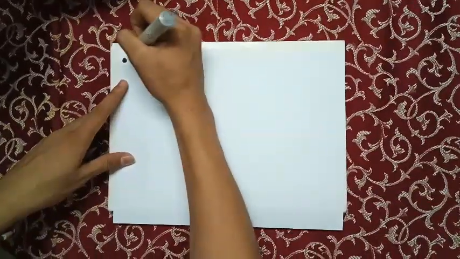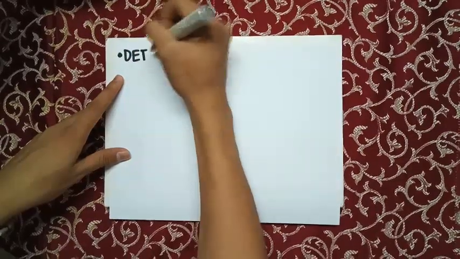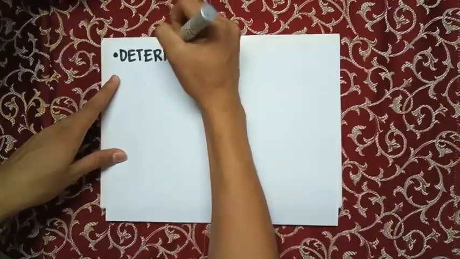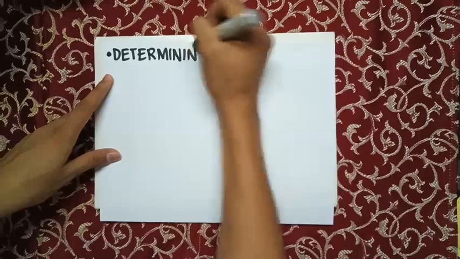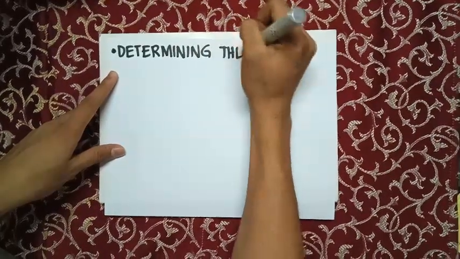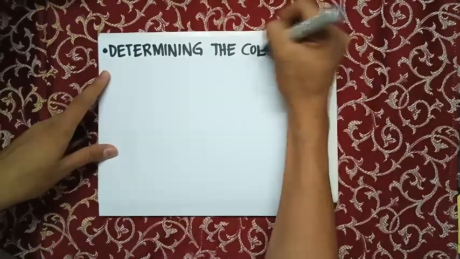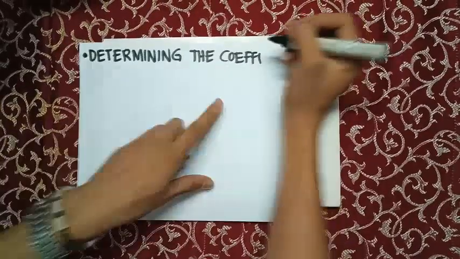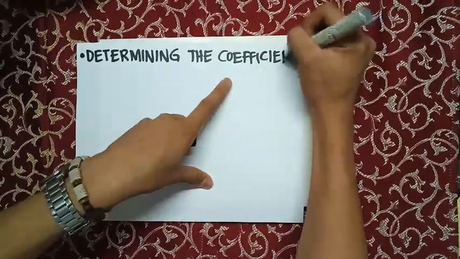Let's go to determining the coefficient. With that, we will be using again the quantity A plus B raised to n is equal to the quantity n choose R minus 1 times A raised to n minus R plus 1 times B raised to R minus 1.